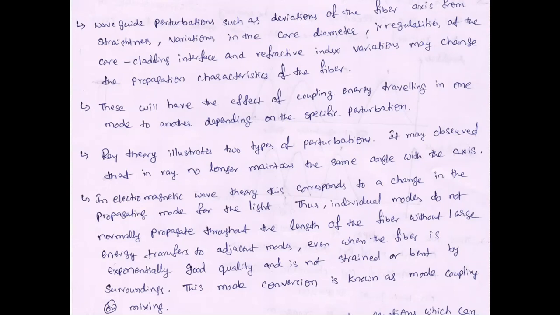In electromagnetic wave theory, this corresponds to a change in the propagating mode of the light. That is, it changes from TE to TM, TM to TE due to phase change in the total internal reflections along the fiber axis. Here, the individual modes do not normally propagate throughout the length of the fiber without large energy transfers to adjacent modes, even when the fiber is of exceptionally good quality and is not strained and bent by its surroundings.